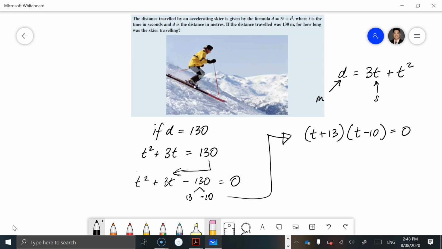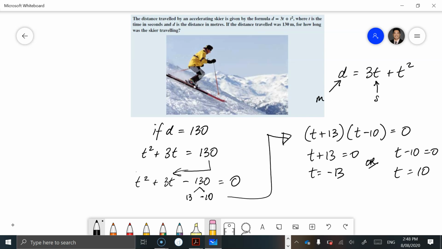For our solutions for t, we can apply the null factor law: t plus 13 equals 0, so t is going to equal minus 13, or we have t minus 10 equals 0, and t is then equal to positive 10.